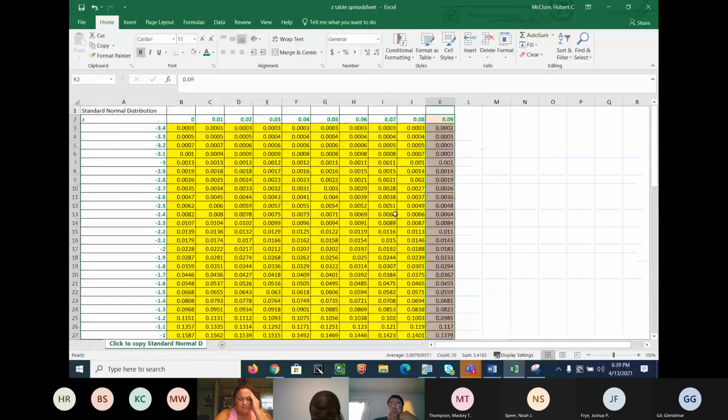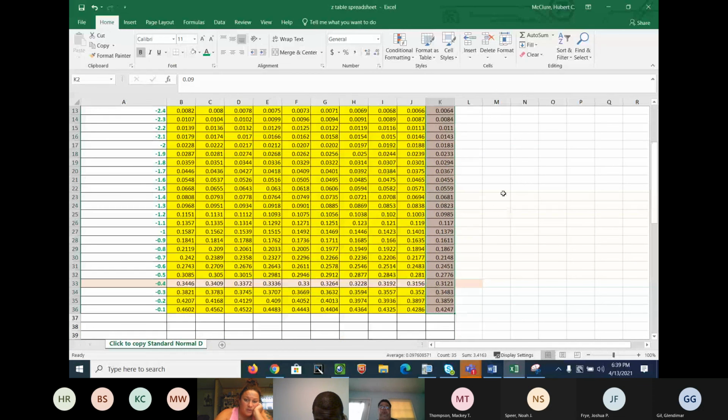I can't read it. Okay, they've got the wrong table. Okay, that's not right. Oh, yeah, it is. I'm sorry. I'm thinking of the blue. I was thinking of 0.82. Where did that 0.31 come from?